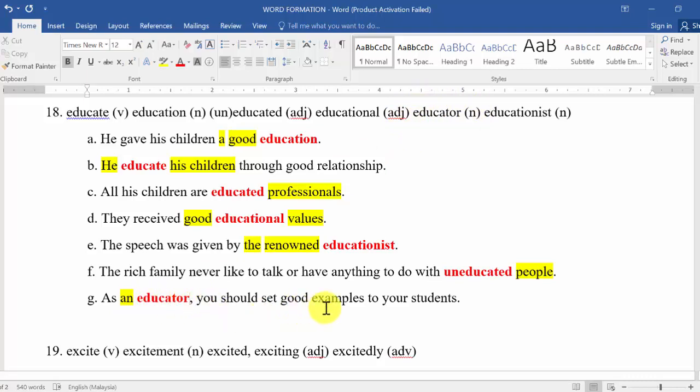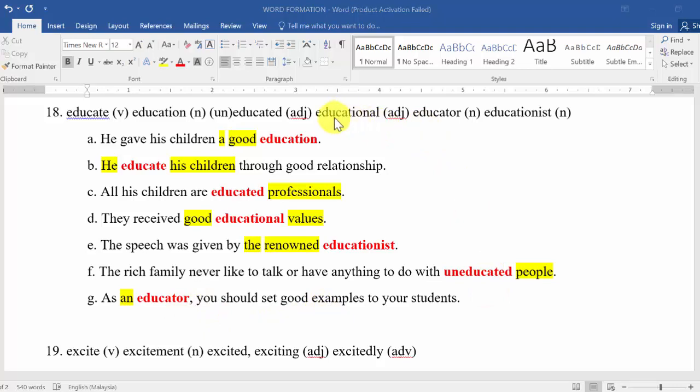Also, since we have two adjectives here, the difference between educated and uneducated, and educational, is that uneducated and educated are used to describe people, a person. Uneducated person, educated person. Your question here: uneducated people, educated professional.